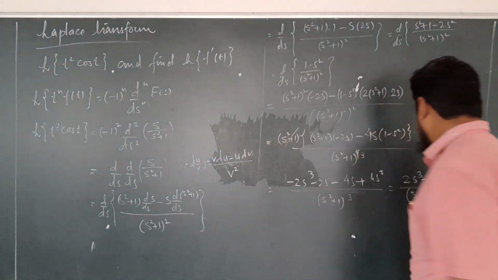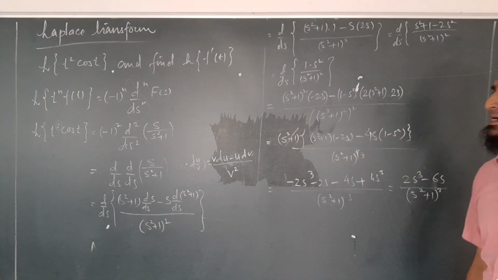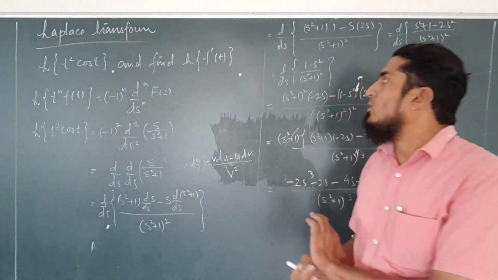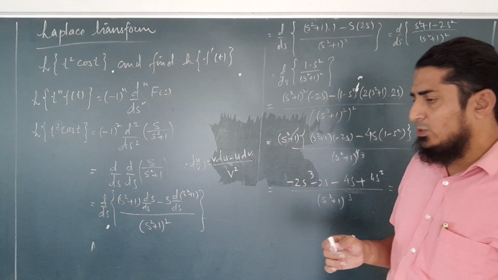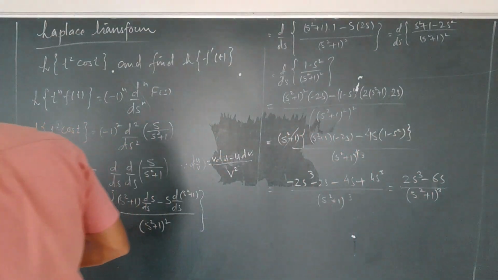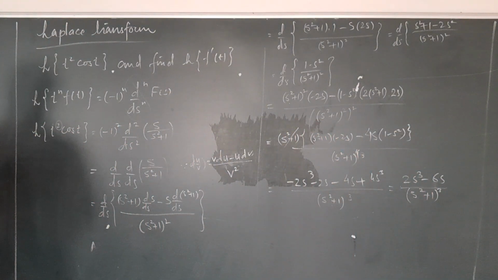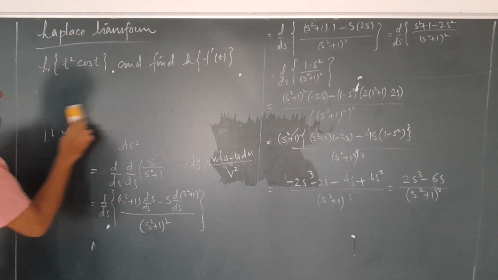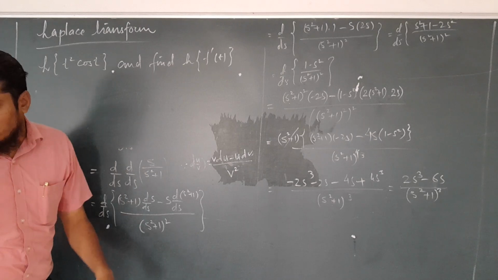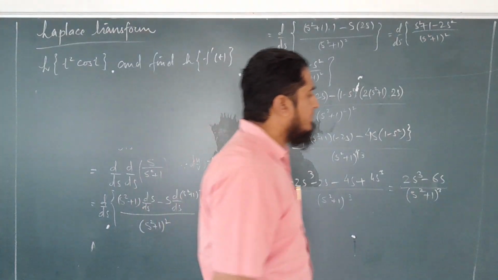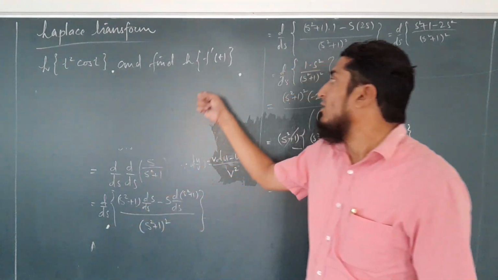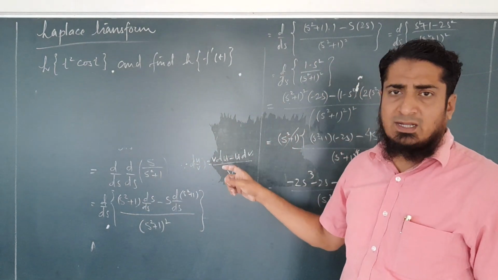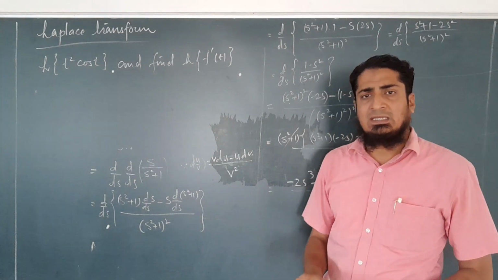Now they asked us to find the Laplace transform of f dash of t. Now by using the differentiation method we can solve, and by simply differentiating the function we can solve this expression also. By both methods it is correct, but if it is given to find the Laplace transform of f dash of t by using the differentiation method, we have to solve by using that formula.